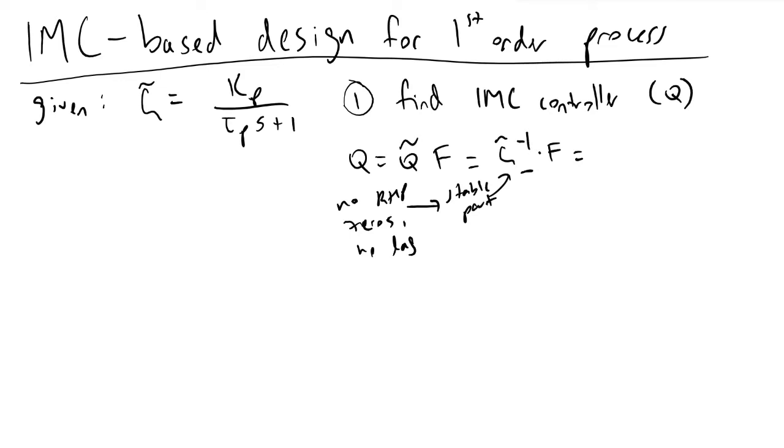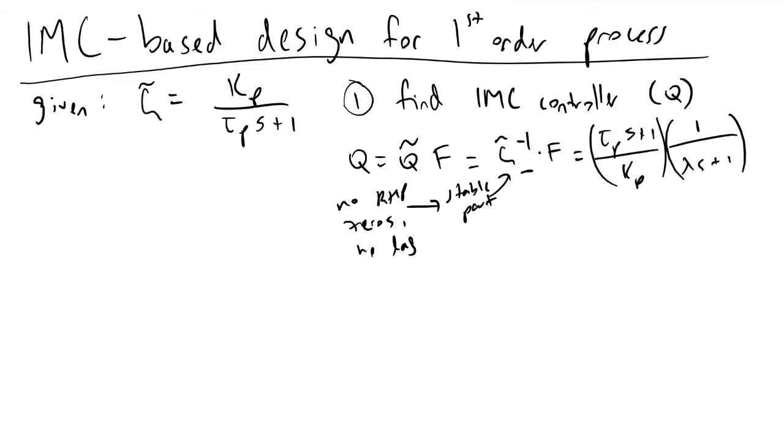And so what we'll get when we evaluate this is tau p s plus 1 over Kp. And we will multiply this by our filter to make this a semi-proper system, lambda s plus 1. And this is to make sure that the degree of the numerator does not exceed that of the denominator.